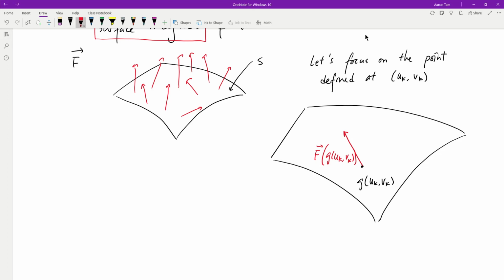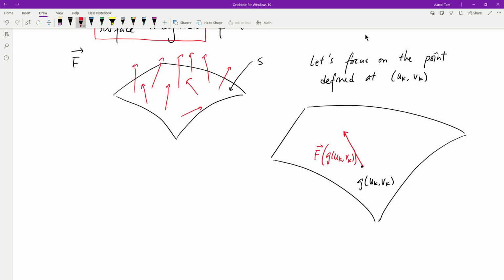So the problem is the following. To actually calculate the impact of this vector f, what we can do is to, once again, approximate. The problem is that if I move this point g of u sub k, v sub k to a different point, even just slightly, it will change this vector f, because now it's defined using a different position.